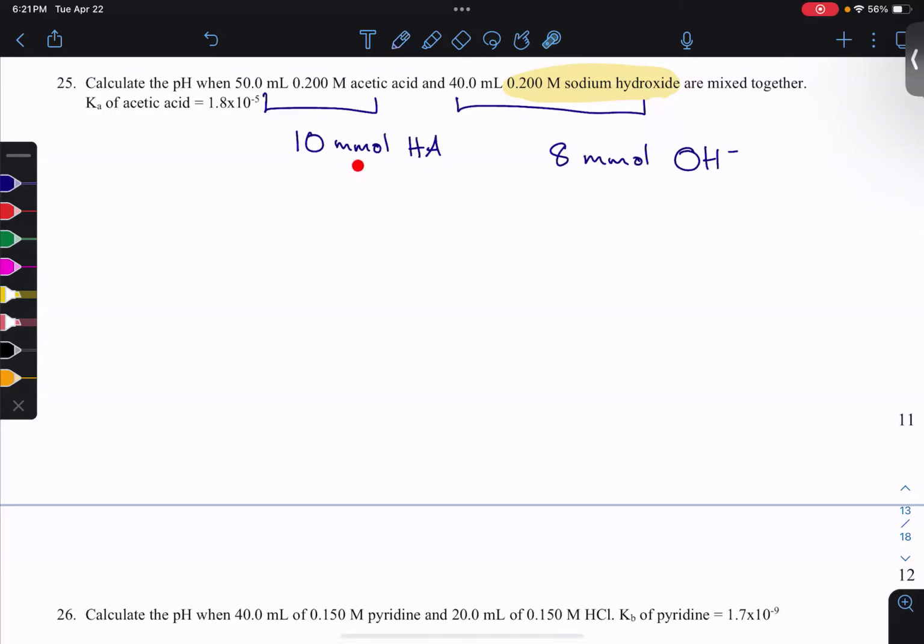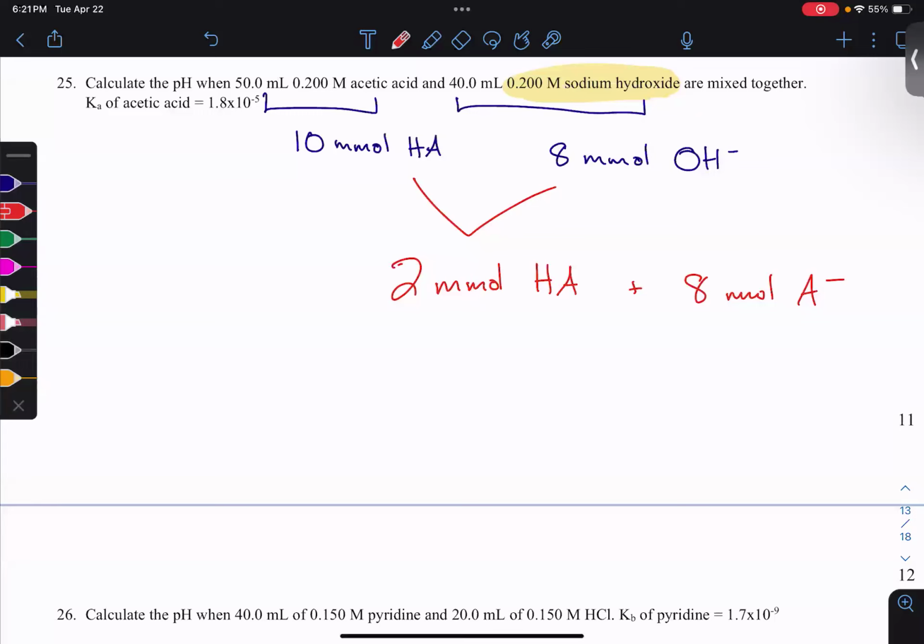So we have 10 millimoles of weak acid and 8 millimoles of strong base. What is left over after this reaction happens? 2 millimoles of HA and 8 millimoles of A minus. You have to do a BCA table. This is a lazy BCA table. I didn't actually write the whole thing out, because the numbers are really easy.